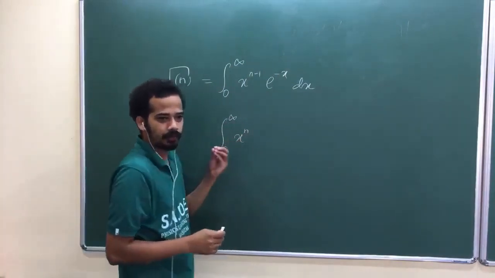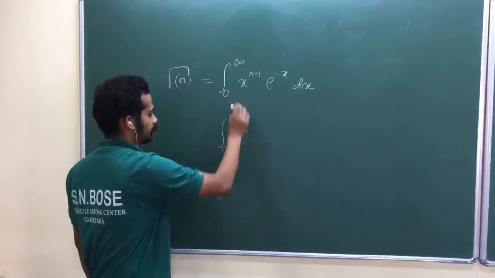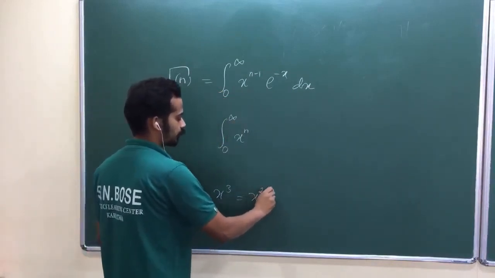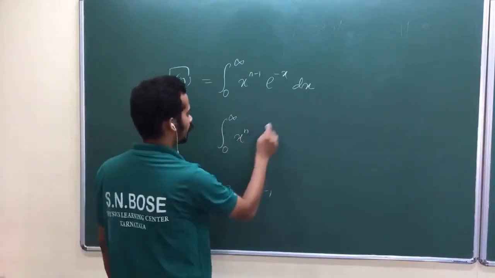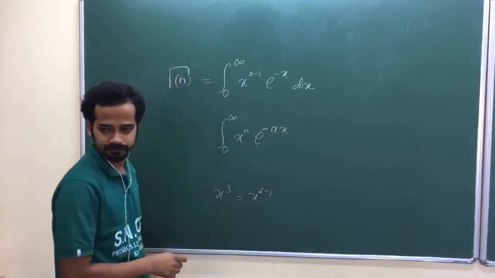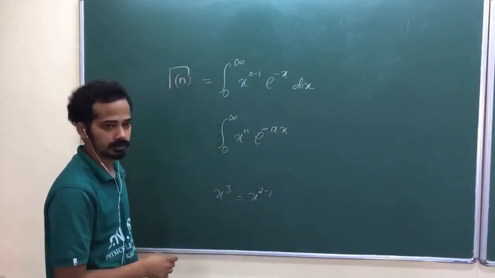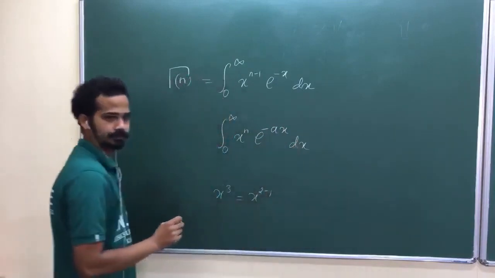Usually I would not prefer to think this way, because if I have x cube, then I have to write it as x raised to 4 minus 1, which is quite hectic. So x power n into e power minus a x. This is the most general one: x power n into e power minus ax dx.